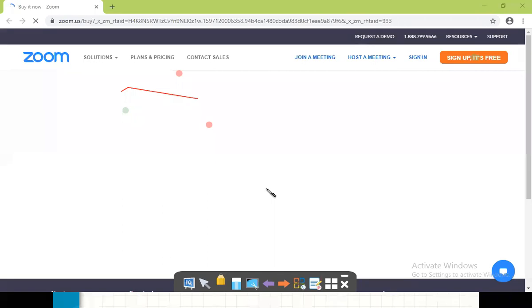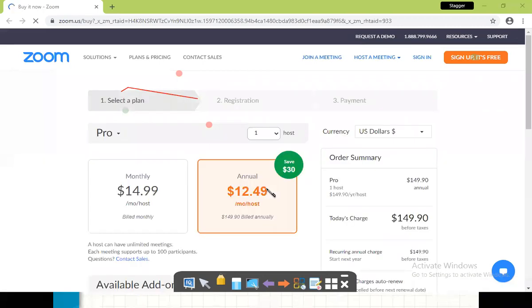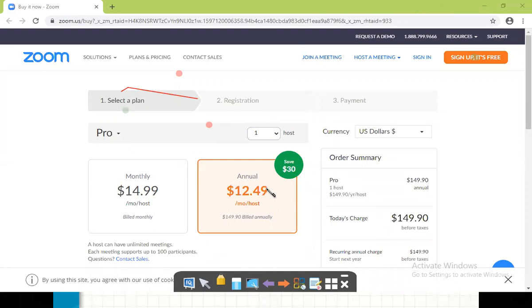Why is internet so expensive in PNG? Sorry, this thing is upgrading. It's okay, Miss. I'm just trying this thing and I'm not sure about it. Blue Pro, you can pay $14.99. Annual is $12.49. Save $30. A host can have unlimited meetings.